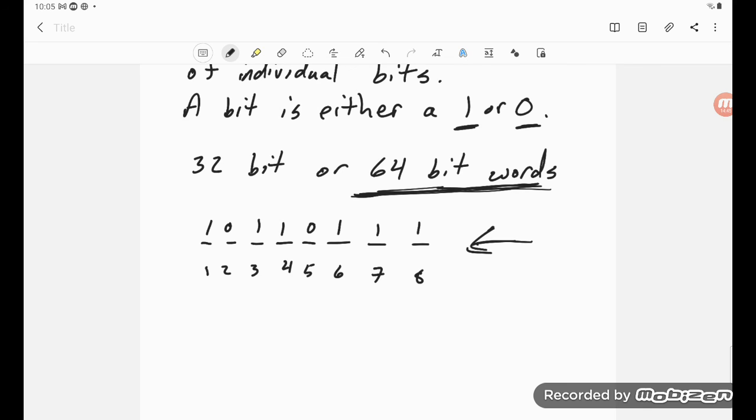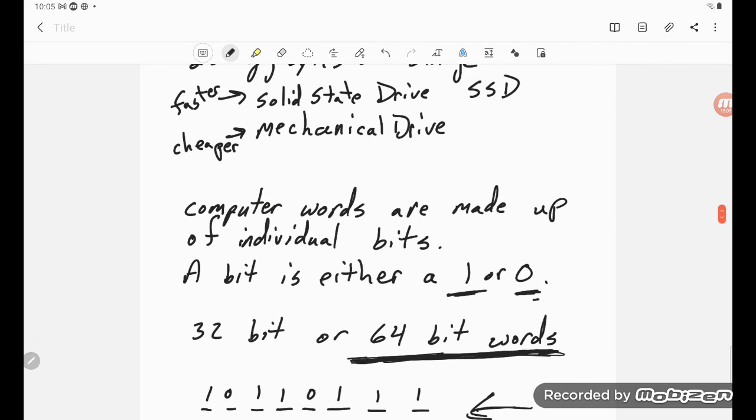So that's the basic organization. Again, we're working with computer bits that are either 1 or 0. They're structured into computer words. Again, these days, most of our computers are 64-bit computers.